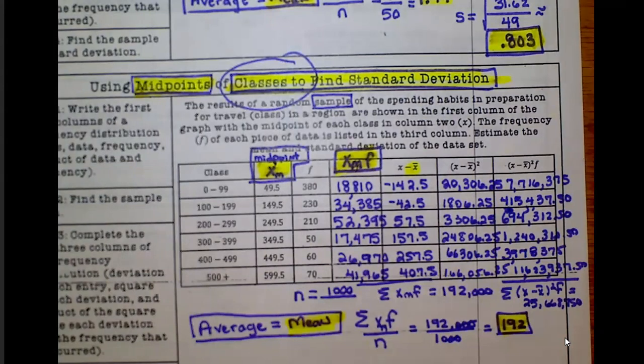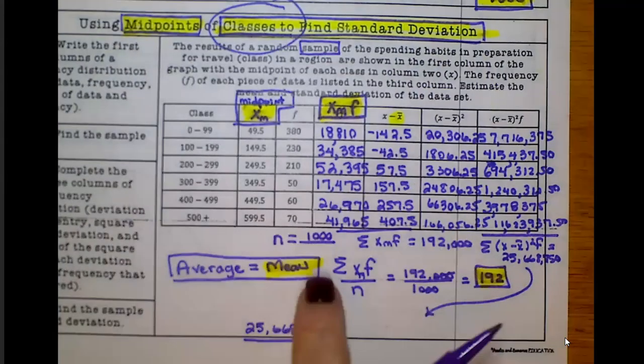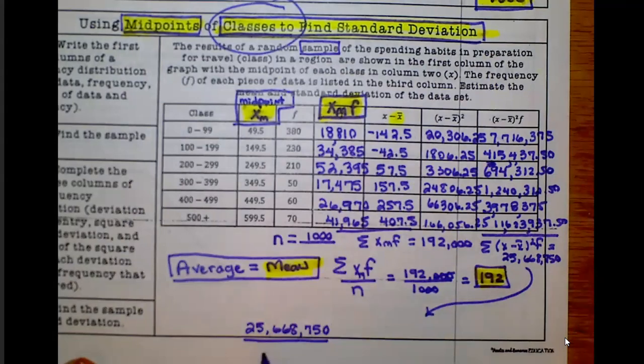If I go back to my formula, I'm going to come down over here, okay? I've got 25,668,750. And remember, with the sample, we're going to divide by n minus 1, okay? So we had 1,000. So we take 1 off of that, it'll be 999. And we're going to take the square root to get that standard deviation, okay?